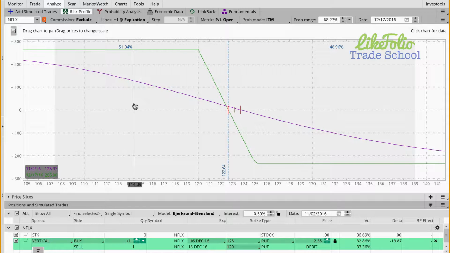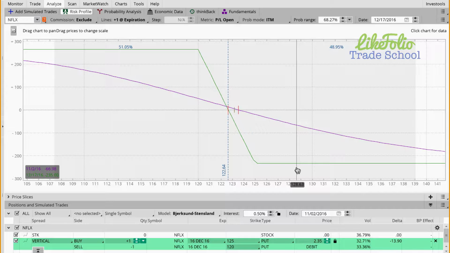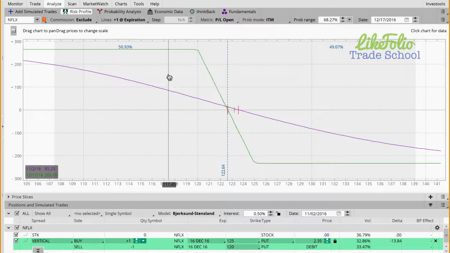And we are essentially risking this $235 that we paid for the spread to make $265. So we've got a 50-50 coin flip, but the risk is less than the reward. So that's a situation I can get behind. Generally with 50-50, your risk and reward are going to be equal.